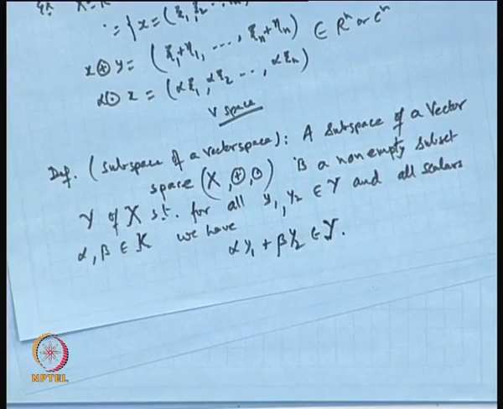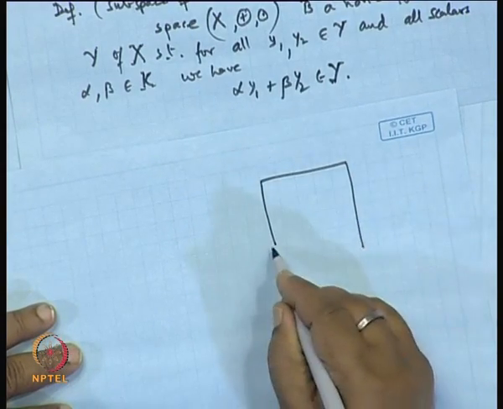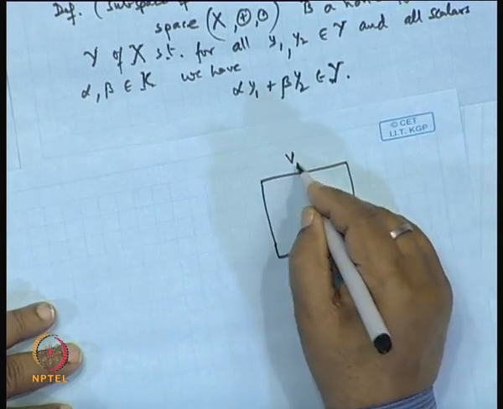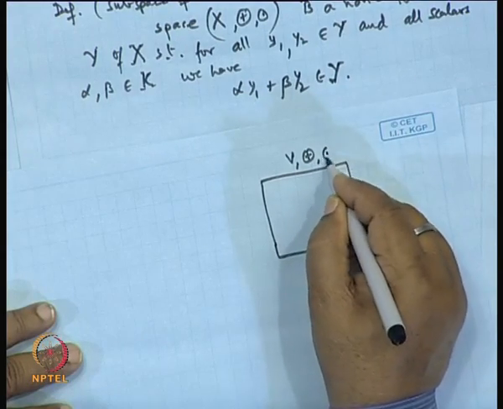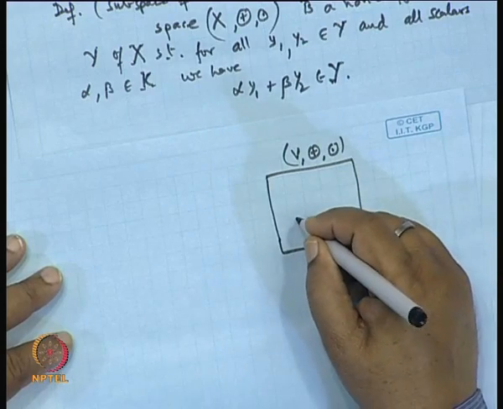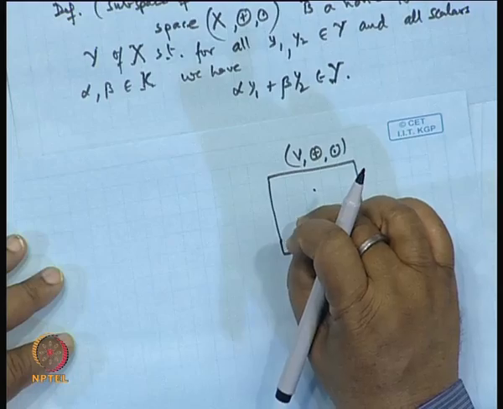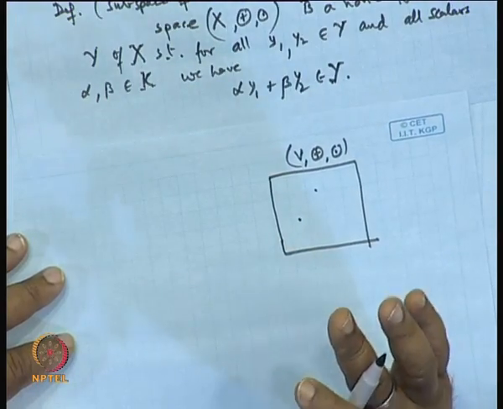Okay. What is the meaning of this? How to define the subspaces? The subspace is basically defined like this. Suppose we have a vector space V, where the operations, addition and scalar multiplication, are defined. So, if we take any 2 points here, the addition of these 2 points is again here and scalar multiplication is also there.